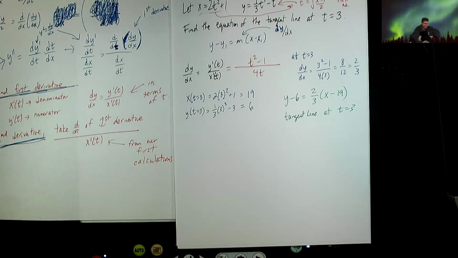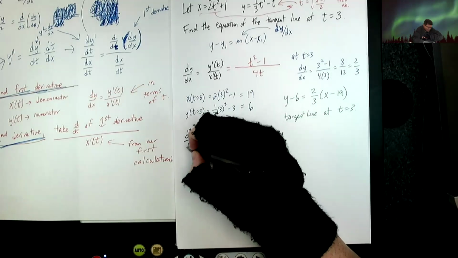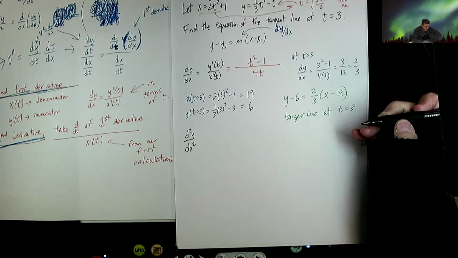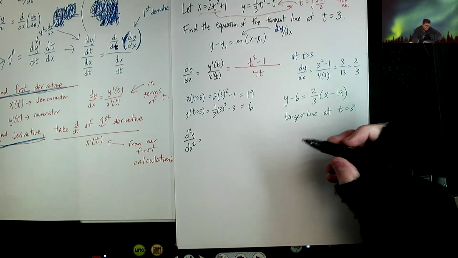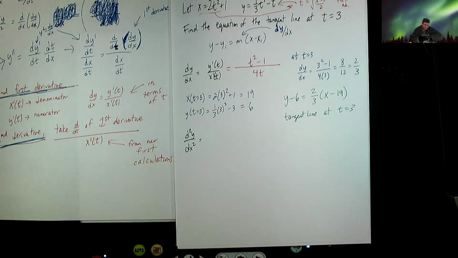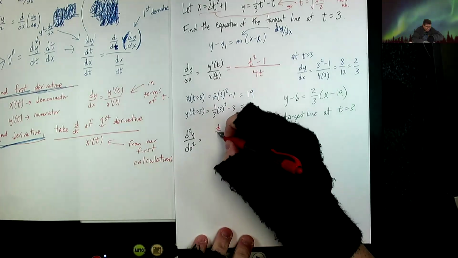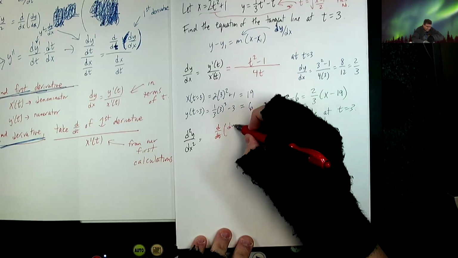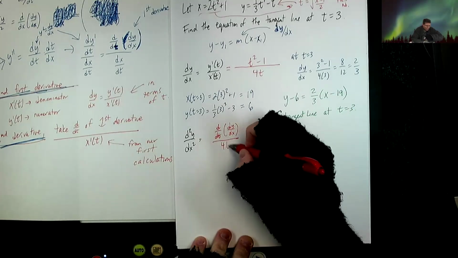While we're at it, let's take a look at d squared y dx squared. Let's just find it for fun. What we want to do is take d/dt of dy/dx, and put it over x prime of t, which we already saw was 4t.